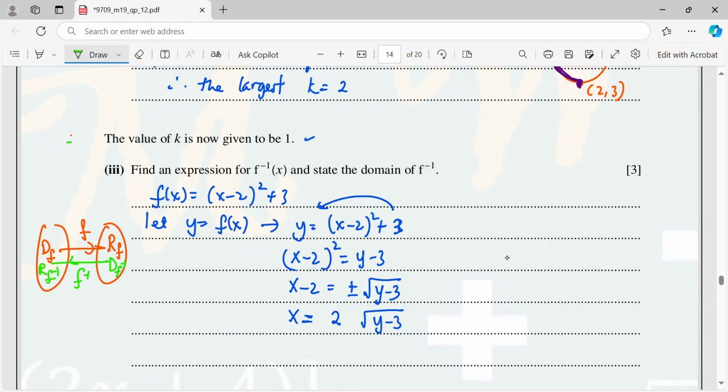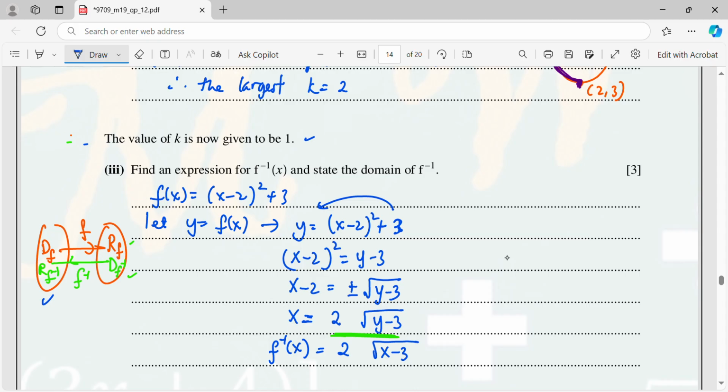So from here, I know that domain f inverse equals range f. But when you look at this whole expression, this is basically the range, right? Because later on, I need to change to f inverse for the left side, and for the right side, the y will be changed to x. So this whole term will be the range. So look at here, the range of f inverse is domain f.